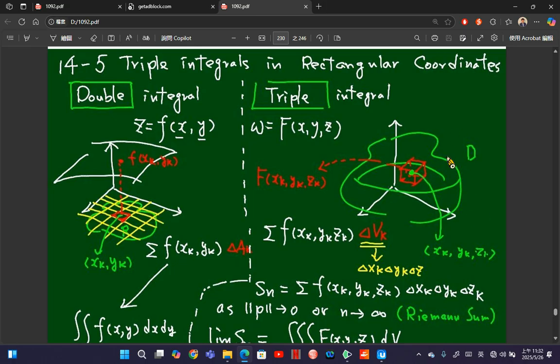For each point in the space region, we will map to a function value through w equals f of x, y, z. That's why we always like to use double integral to introduce multiple integration, because it is easier for us to visualize.